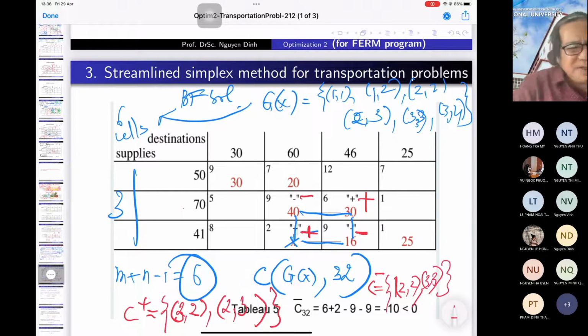So you have the two sets, C plus and C minus.